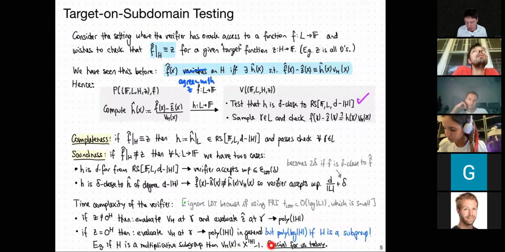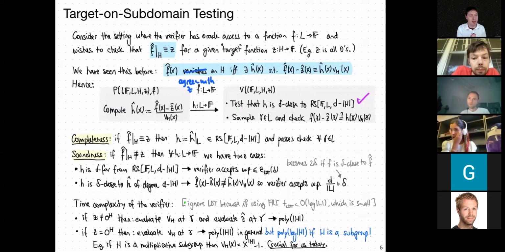It's x to the h minus 1. So we're using the fact that the vanishing polynomials of subgroups are ultra sparse and can be evaluated very fast.